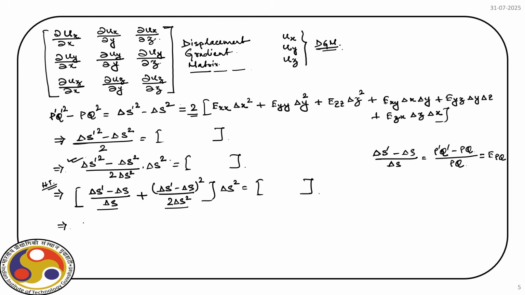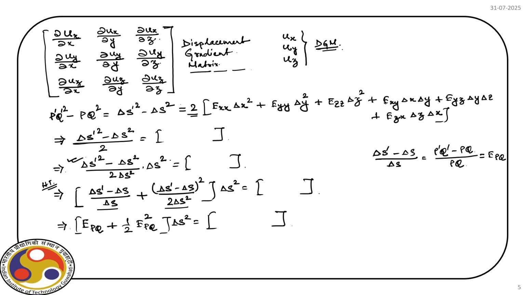Okay. So, the left hand side, now we have elongation of PQ plus half elongation of PQ square times delta s square is equal to, again we have that big third bracketed term, right.